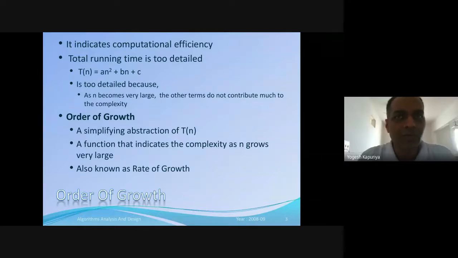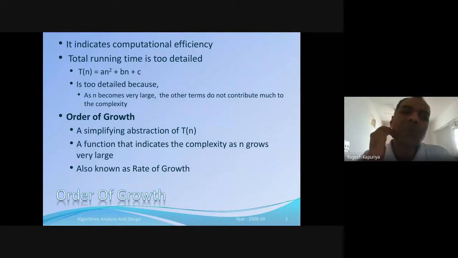The outcome of that step count will be either a constant function like Tn is equal to k, or a linear function like Tn is equal to an plus b, or a quadratic function, like the one displayed here, an square plus bn plus c. It can be a cubic function, it can be any polynomial function. That is the first thing you will achieve when you compute the step count.